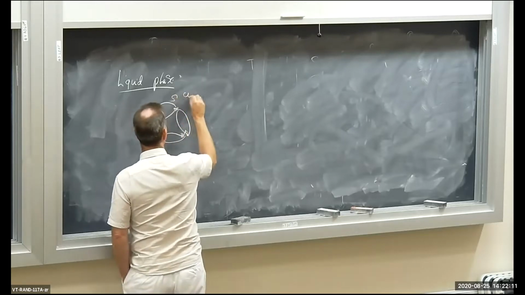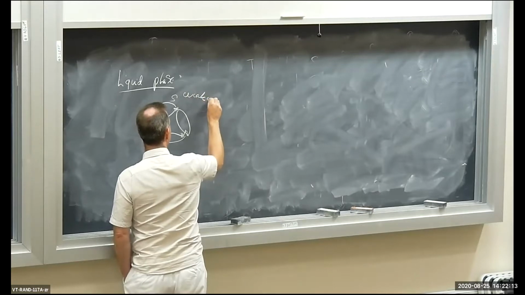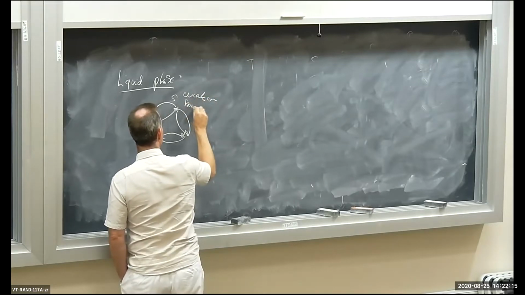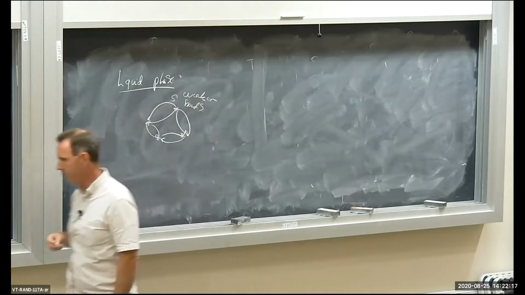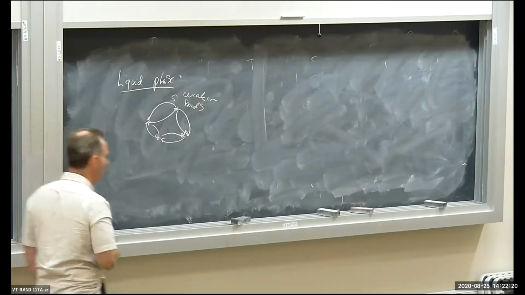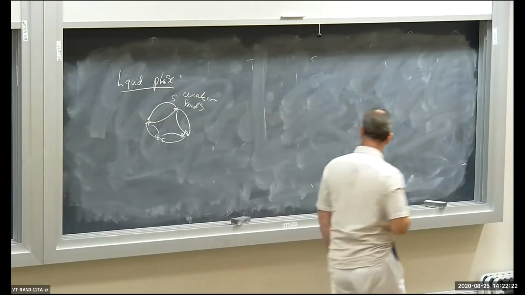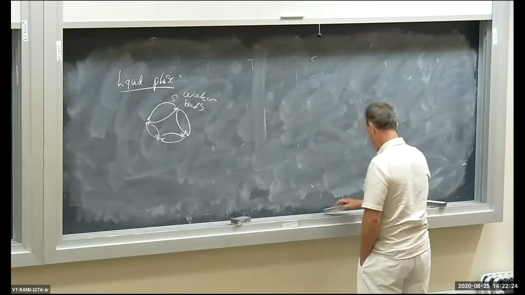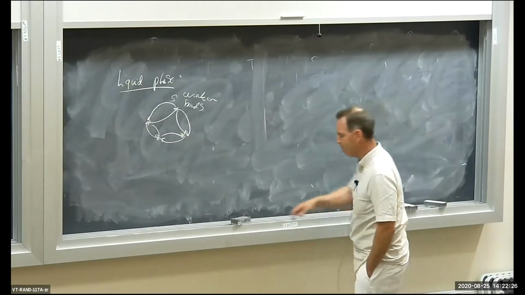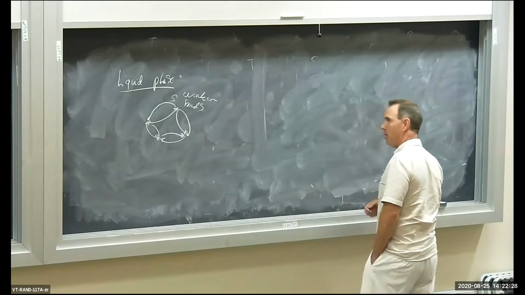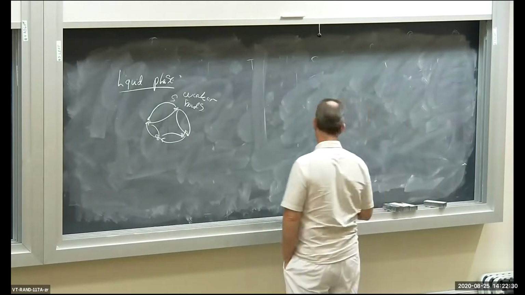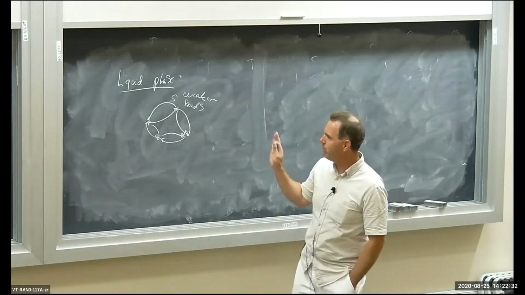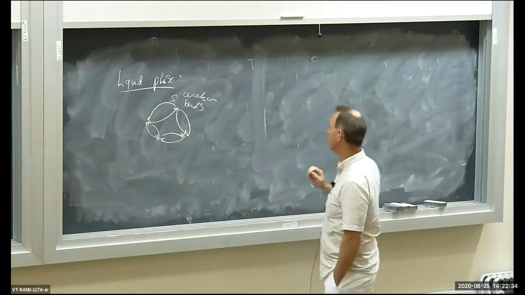So weaker bonds. Weaker bonds, so that's for a liquid. The bonds between the atoms, the molecular bonds, are weaker, and the attraction between molecules is weaker as well.